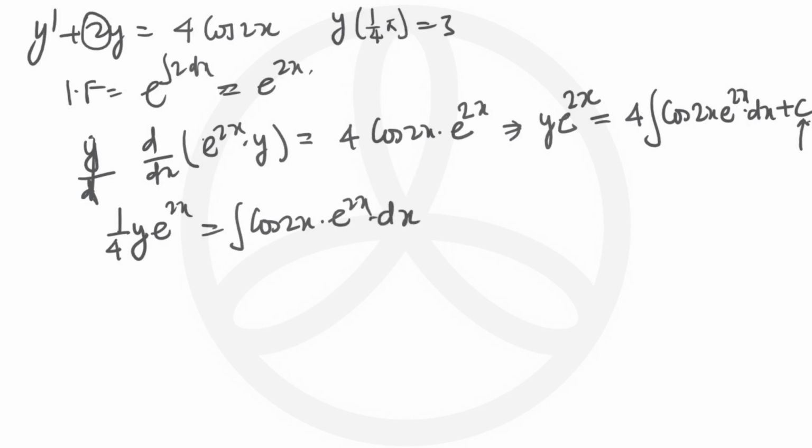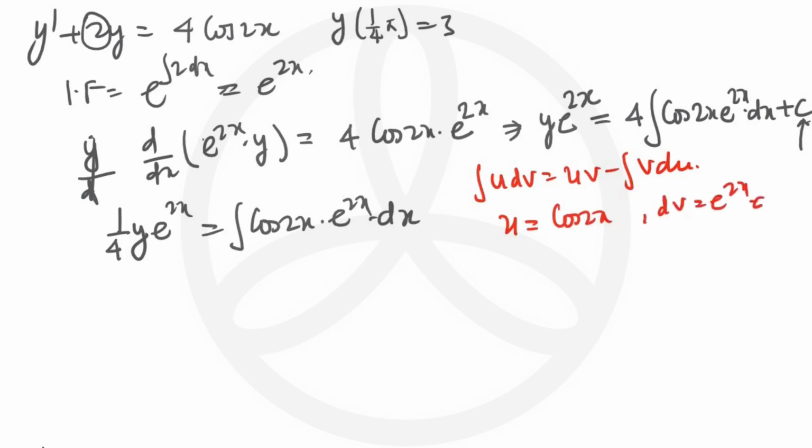Now we know integration by parts is applied as u dv is equal to uv minus v du, and we have to assume u and dv independently from this, and using the ILATE method I will assume u as cos 2x and dv as e to the power 2x dx. Right.